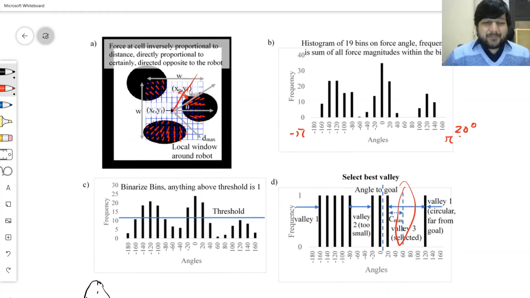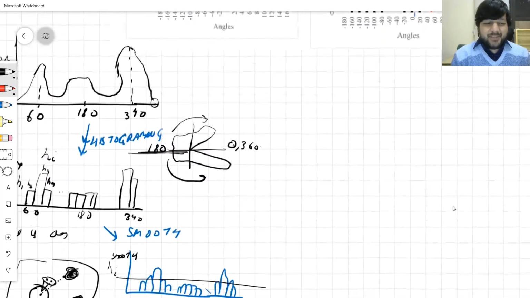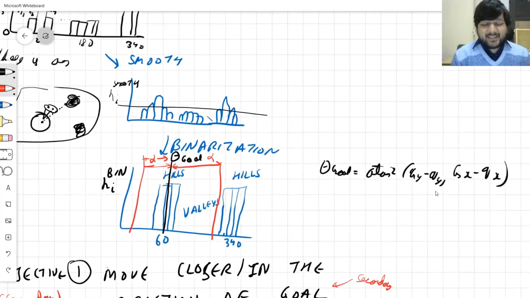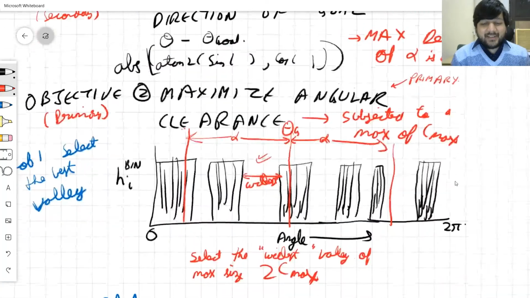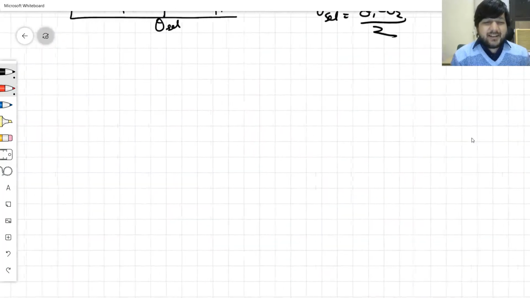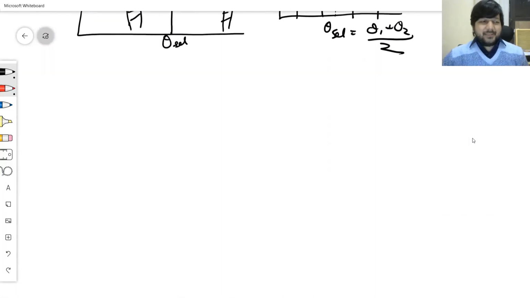At the same time, you see there is absolutely no obstacle at 60 degrees, and the uncertainties have been taken care of. So that's how I decide based on the vector field histogram algorithm.